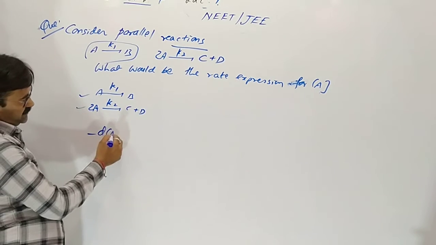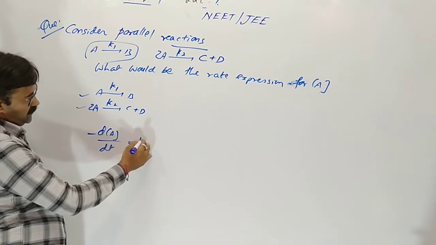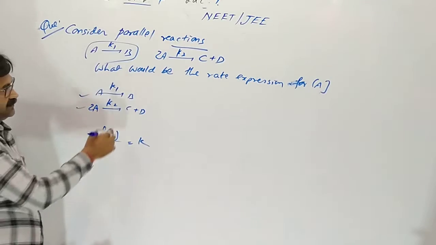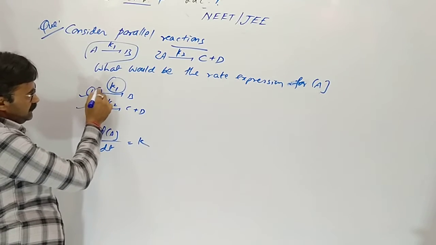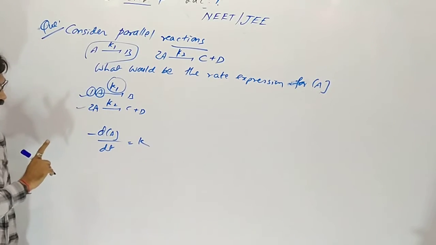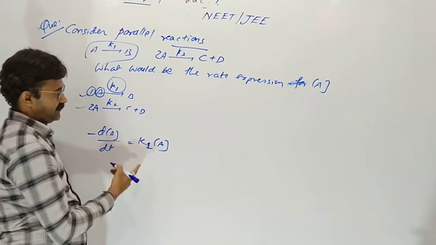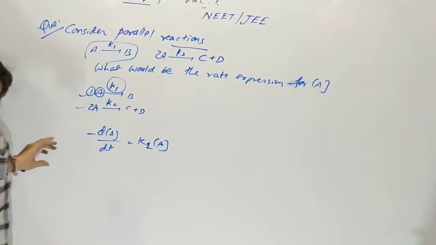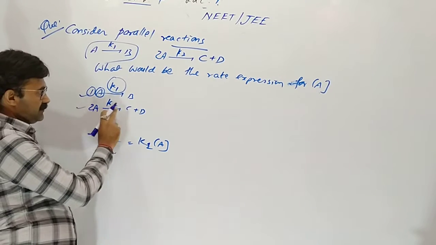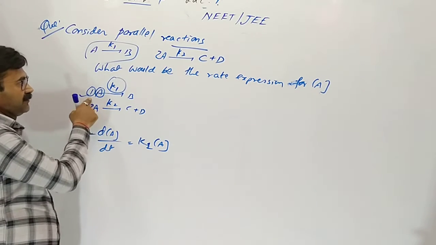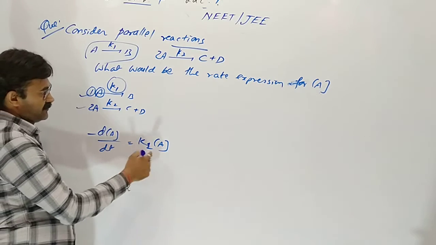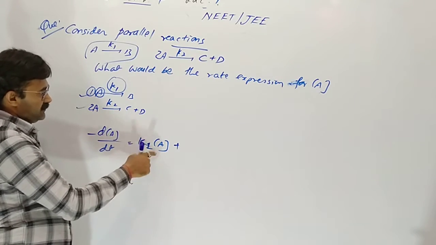So rate of reaction dA upon dt is equal to K. Here K1, here coefficient 1, stoichiometric 1. So K1 multiplied by 1 into A. And whenever parallel, we have to add. Here A has 1 mole, this is K1, so here rest 1.